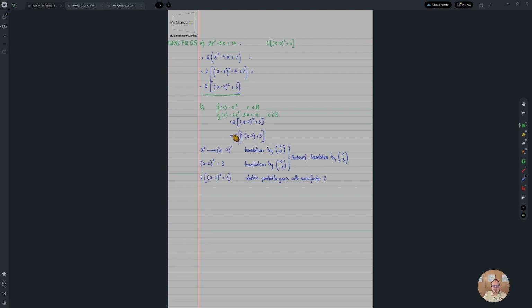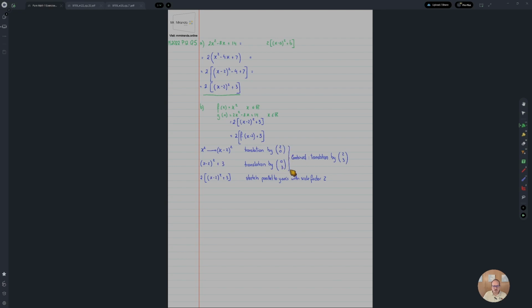And now it should be simpler for you to see the transformations that are taking place. Let's look at the first one. The first one changed x squared into x minus 2 squared. So what is this? This is a translation by the vector (2, 0), right? Then you add 3. So this is a translation by the vector (0, 3).